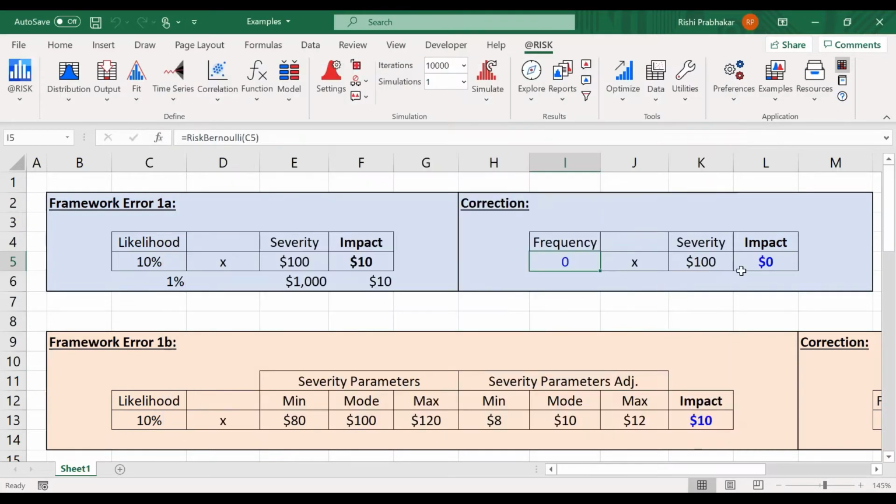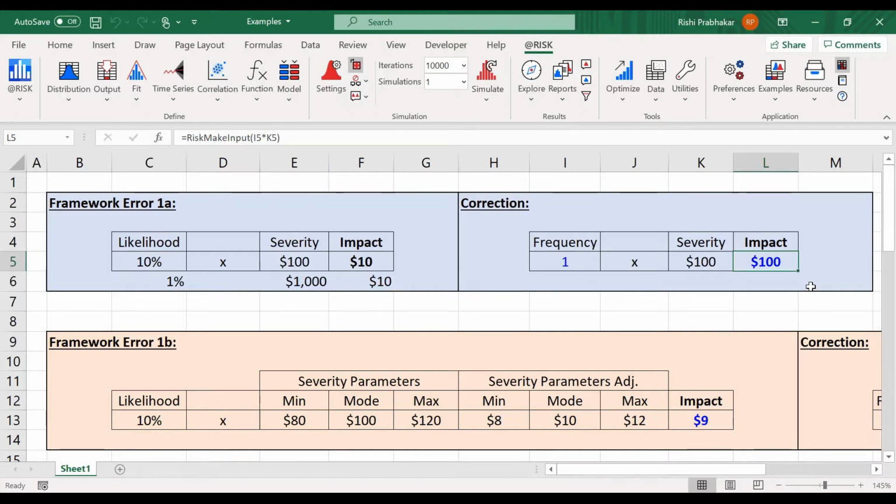When it's 0, this is the equivalent of the event didn't occur, and therefore the impact is 0. But if I randomly sample, you can see some parts of my spreadsheet are wearing away. If it's a 1, that means in this iteration, or this possible future, the event did occur. Guess what it cost me? $100.